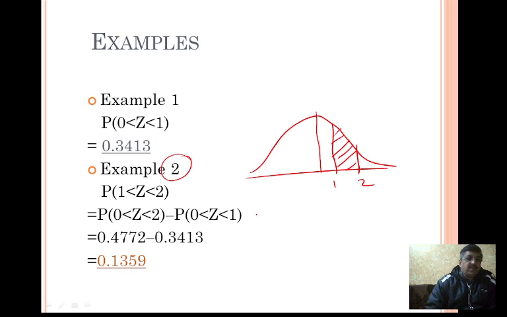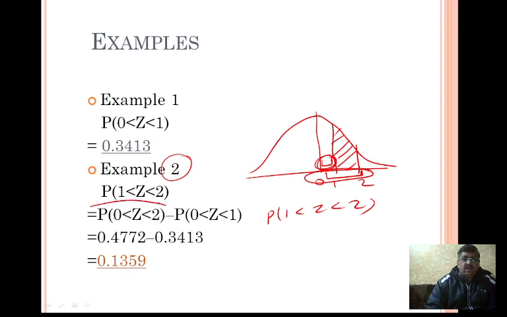It's all very simple. If you are interested to find the probability of z from 1 to 2, in the table you can see that you have the value available for 0 to 2. That means you have the value for this whole part up to 2, and you have the available value for this part only. So if we subtract this part from the entire part, you will get the value. That's what we did here.